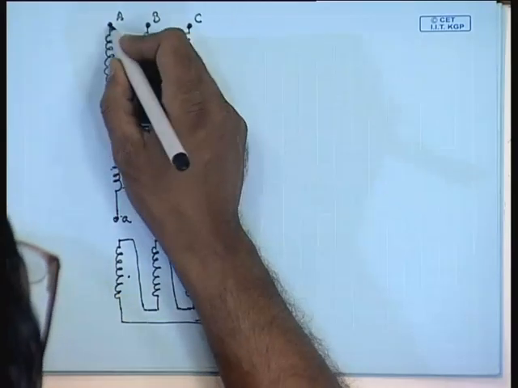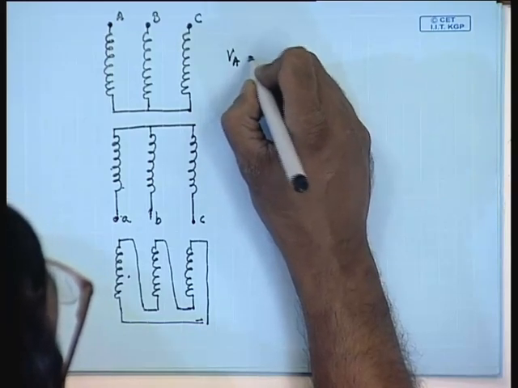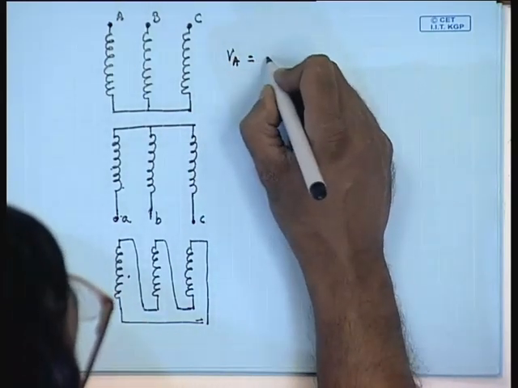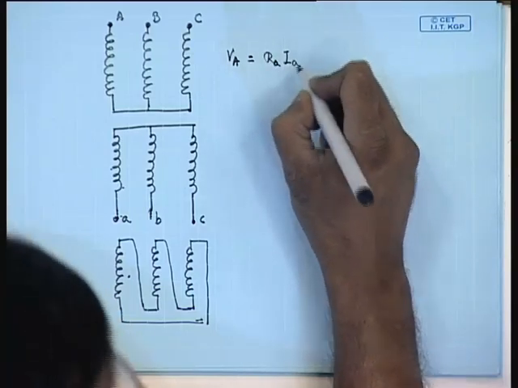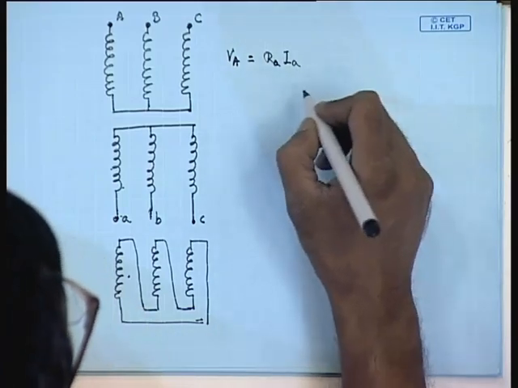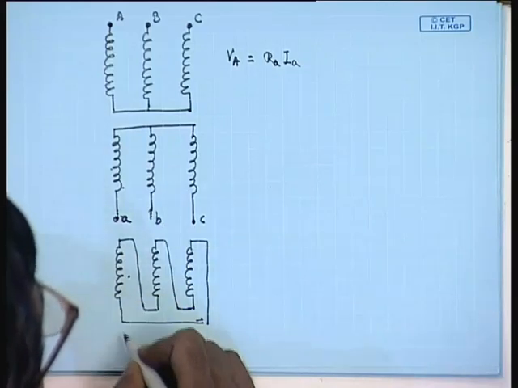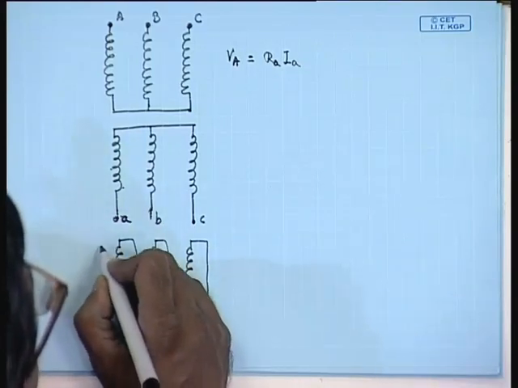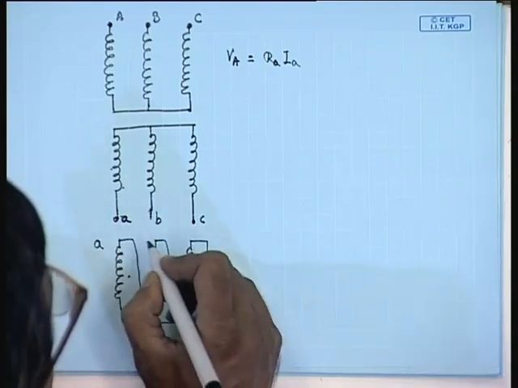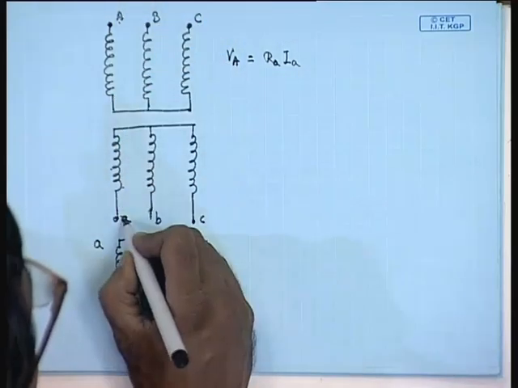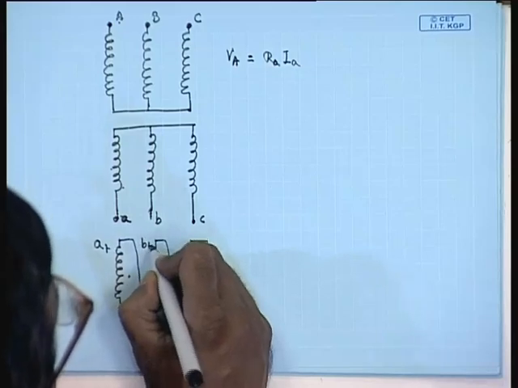Let us say the applied voltage here is V A. These are, let us say, capital A, small a, and A tertiary, B tertiary, C tertiary.